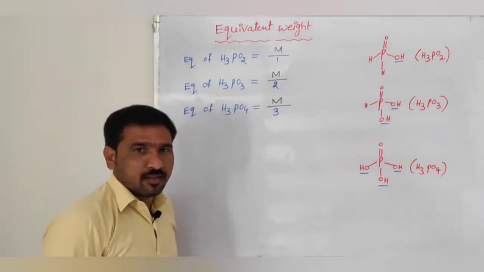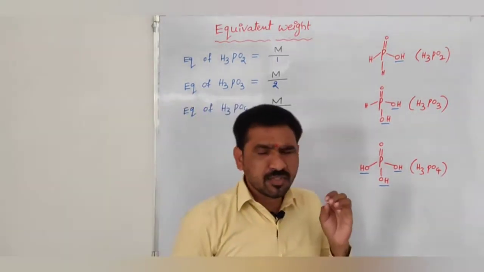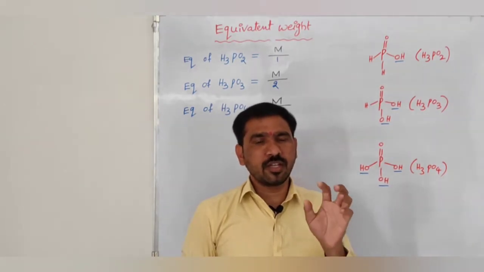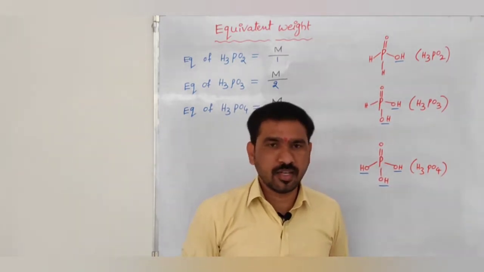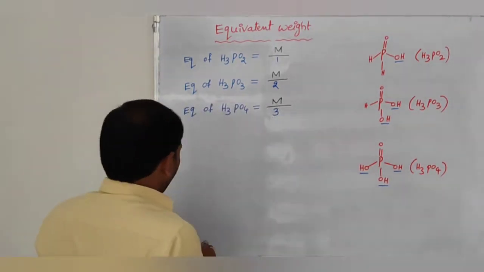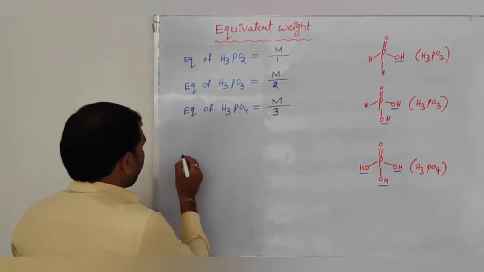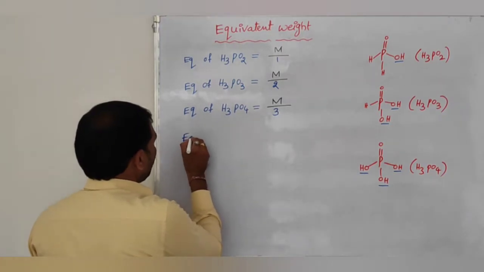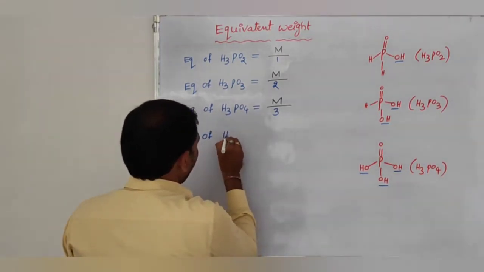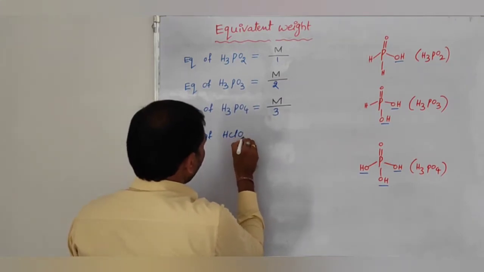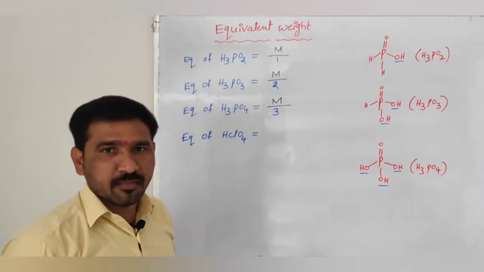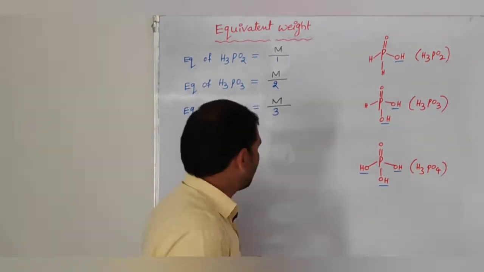Like this, in terms of oxo acids, the number of OH groups is equal to the n factor of the oxo acid, right? And coming to the next example, equivalent weight of HClO4, perchloric acid. Its name is what, beta? Perchloric acid.